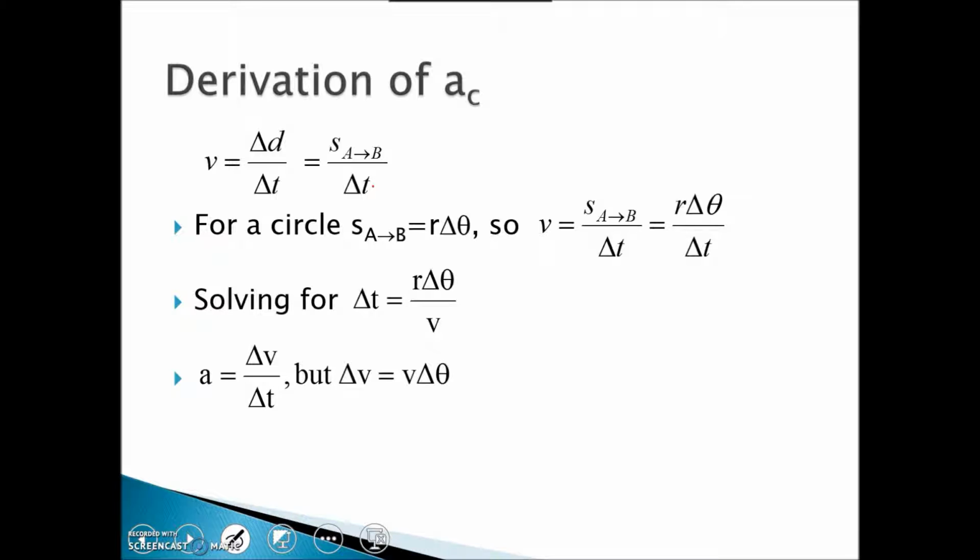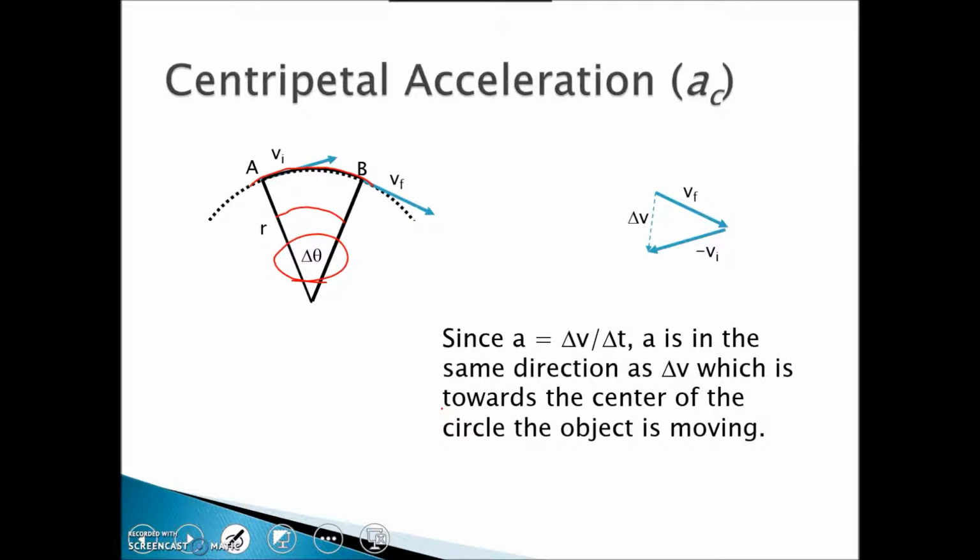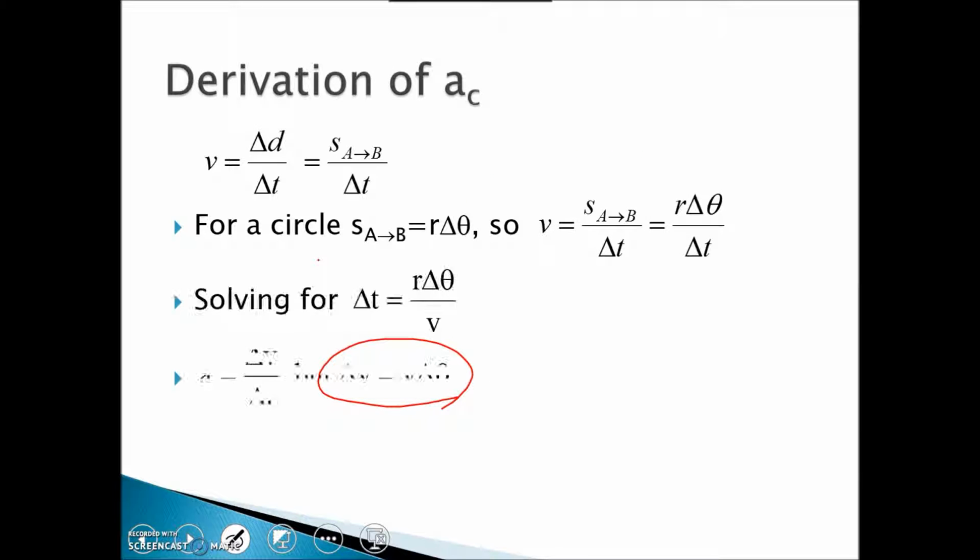That's nothing very big and exciting. This expression, though, is kind of new. Delta v, the change in velocity, is the velocity times the angle that it went through. This angle right there is theta, and that's a geometry expression.